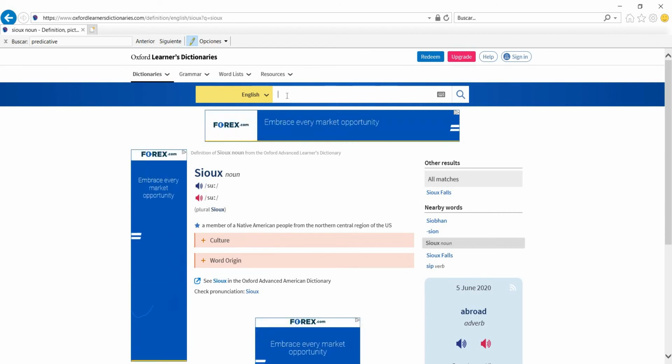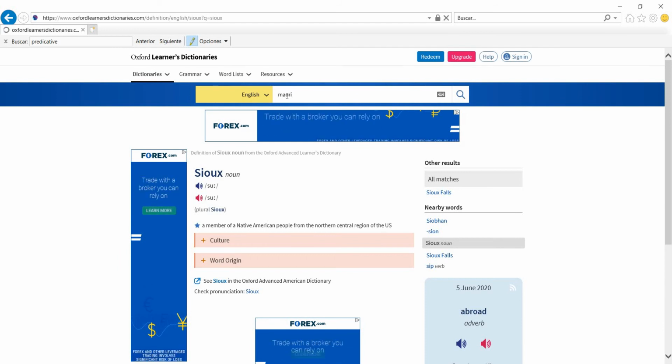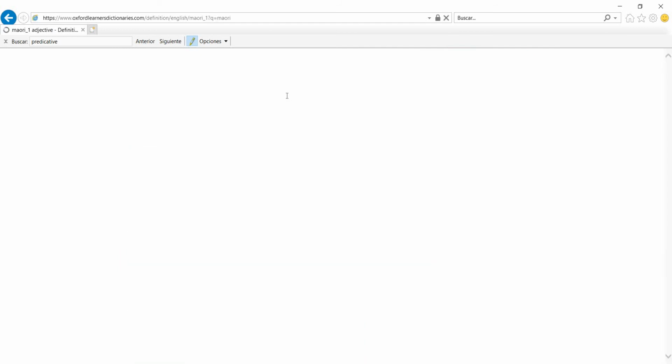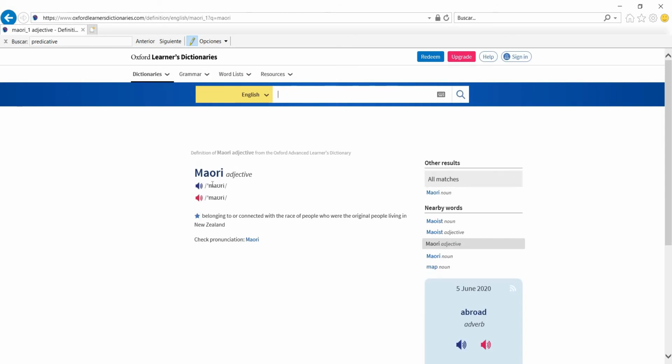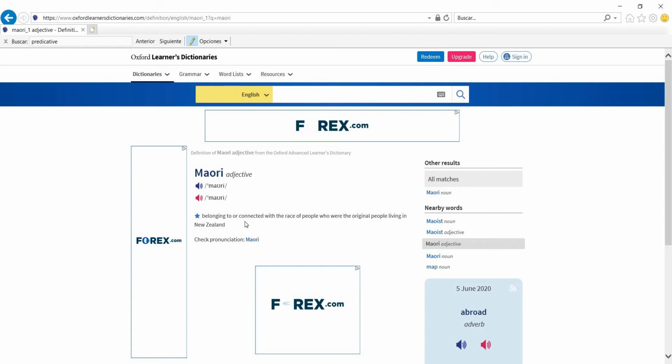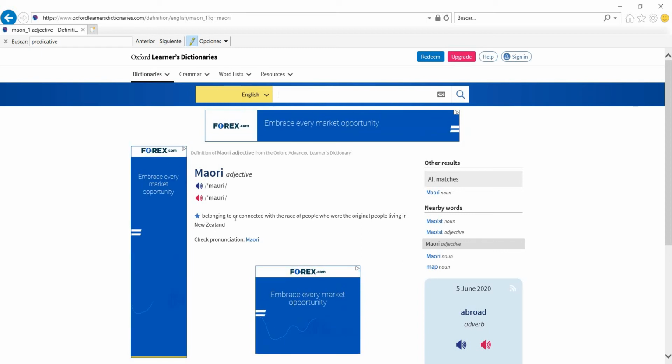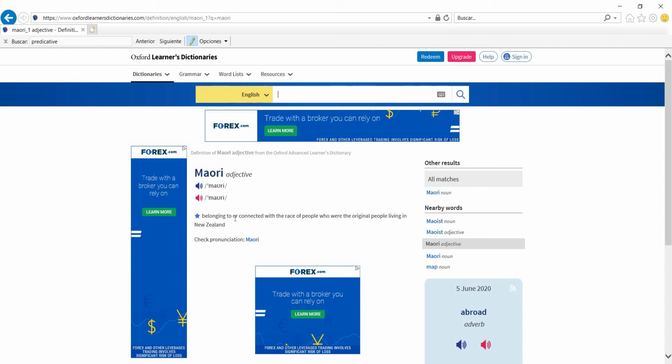It is Sioux. Also, for example, the pronunciation is Maori. And of course, this is capitalized, and these are the Aboriginal people of New Zealand. So remember that this happens also with languages and everything.